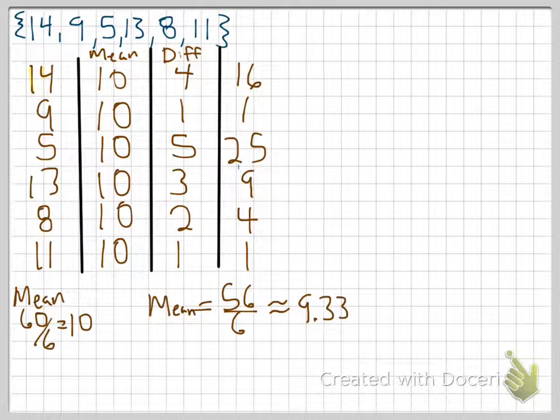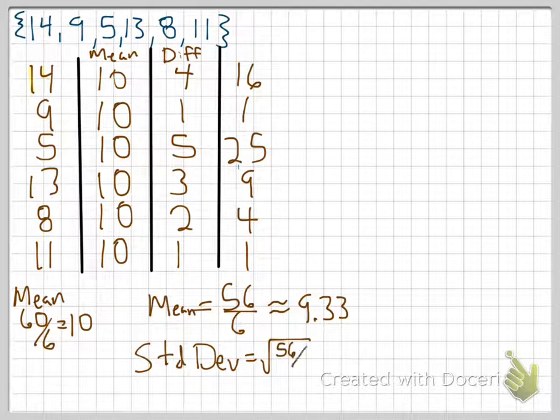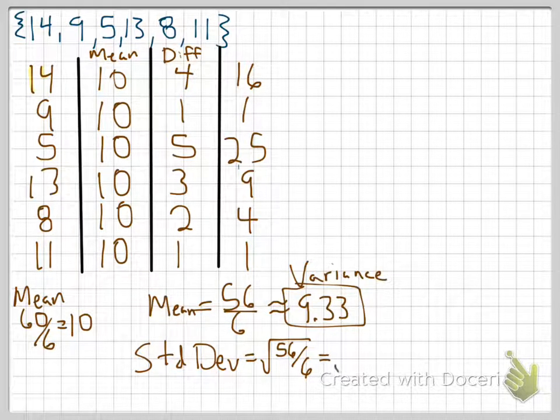It's 9 1/3, or 28 over 3 if you want to do it that way. So that means the standard deviation is equal to the square root of 56 over 6. By the way, this is our variance. Forgot to label there. Or the square root of about 9.33, which comes out to be about 3.1. And that is our standard deviation.